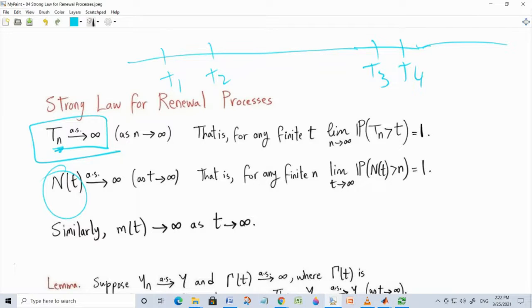So you expect that N(t) will keep growing without bound. These two statements tell you that the time of the nth arrival grows without bound as n gets larger, and the number of arrivals in the system will grow with time.